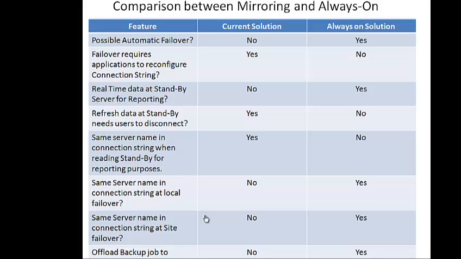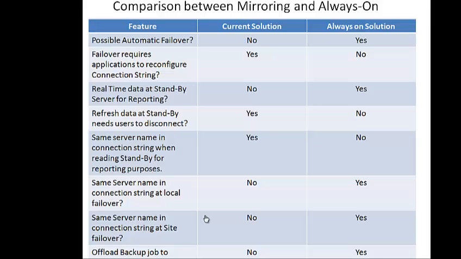However, with Always On, our intention would be to set up synchronous replication locally and async replication remotely. So you can do automatic failover locally, but you have to do manual failover remotely.